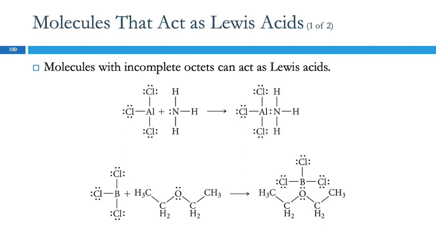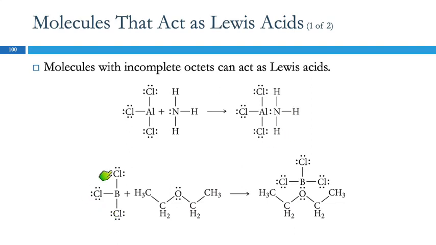So molecules that have incomplete octets have an empty orbital that can accept the electron pair. So here we have aluminum chloride and ammonia. Aluminum here has an empty orbital. So it can accept these electrons and form this adduct.